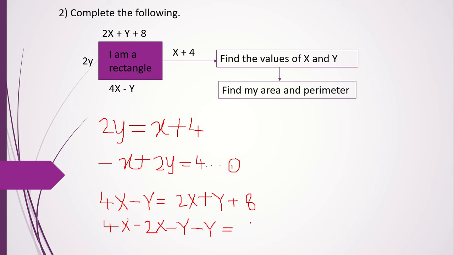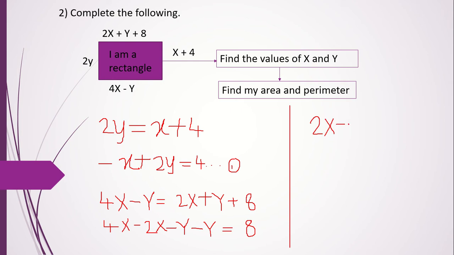You can see that 2x was plus here, it went that side, it became minus. Y was plus here, it went that side, this y. Now this is the y which was already here, and this y went that side, it became minus. Now 4x minus 2x is 2x.